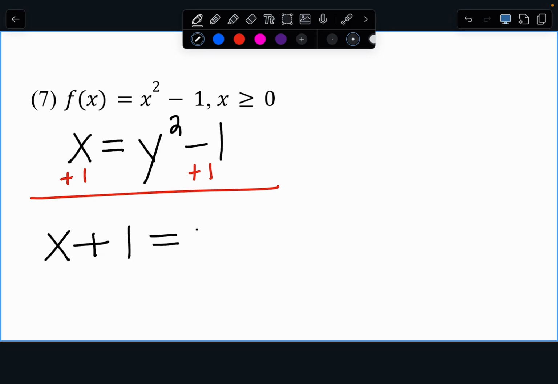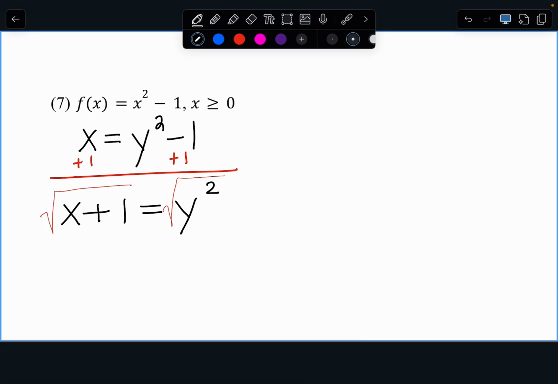X plus 1 equals y squared. Now, what do I have to do? Square root. That's how I get rid of that exponent of 2. Anytime I take a square root, what must I have? Plus or minus.